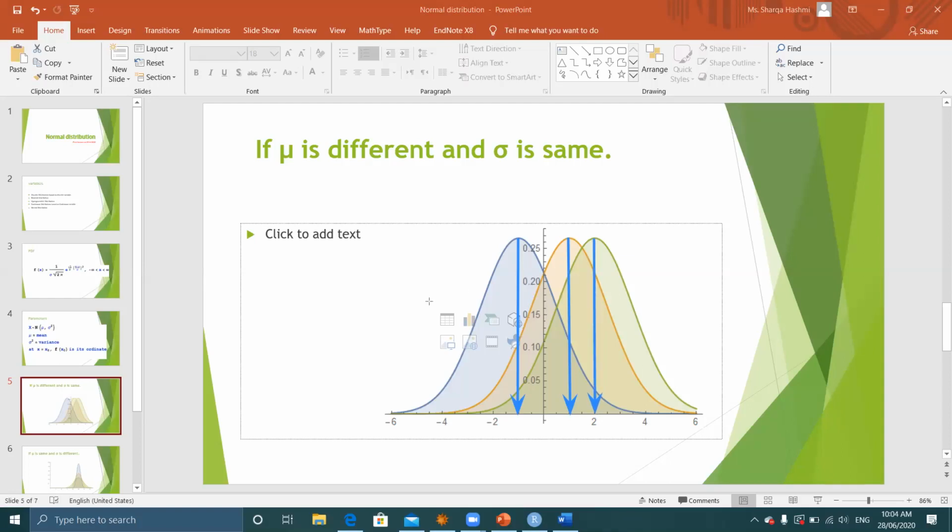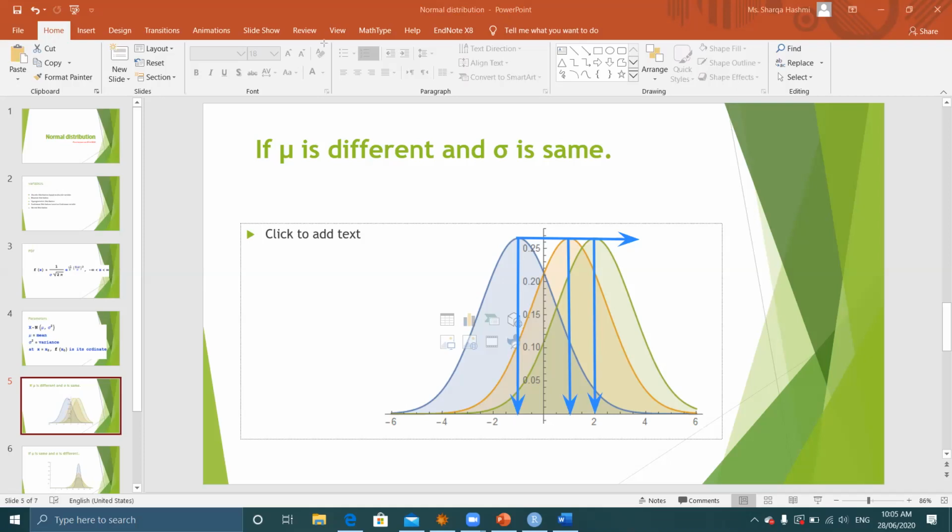So you can see that the peaks have the same value, and if you can read, this value is 0.28. So height of each shape is 0.28, and the points on the x-axis are different.